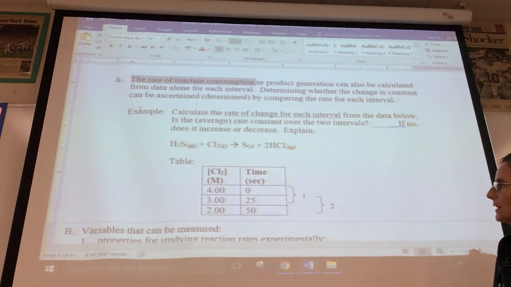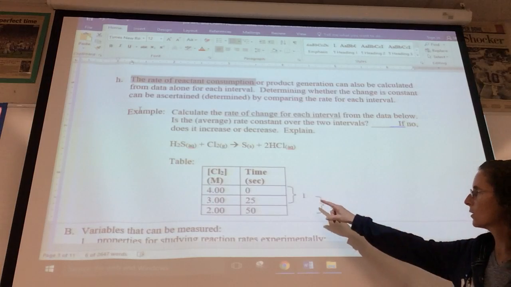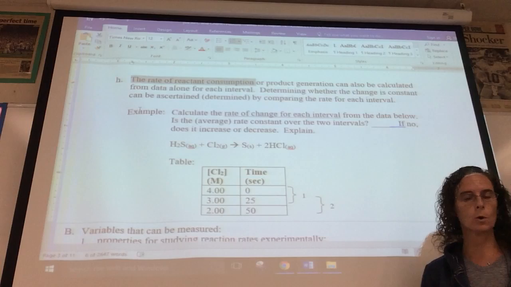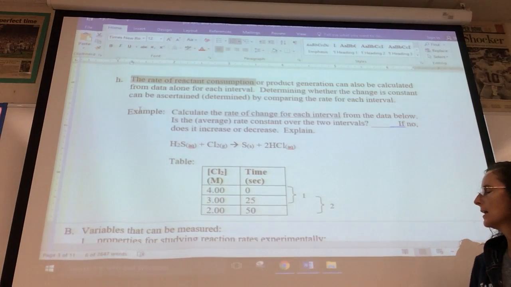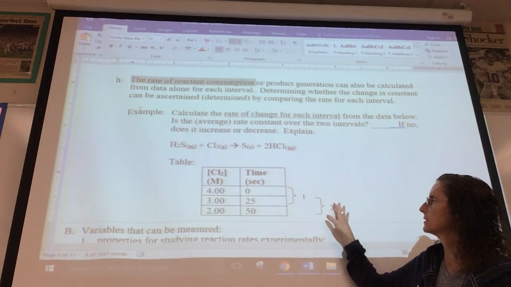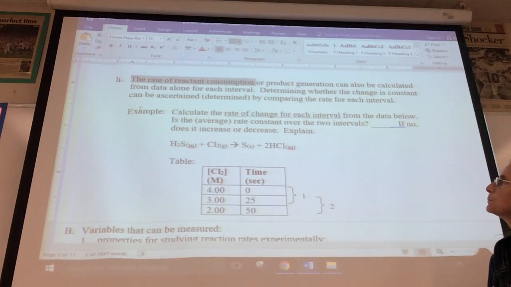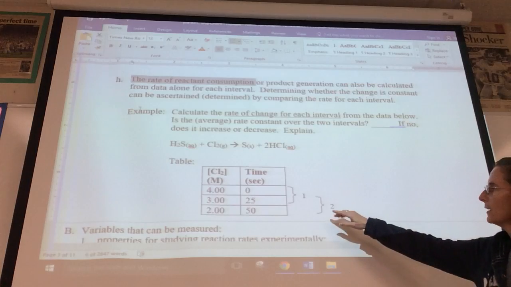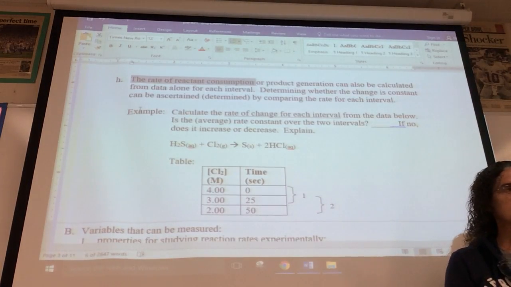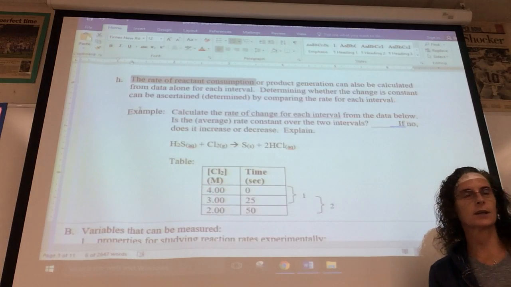In addition to calculating rates for intervals 1 and 2, or you could have even more intervals, which you'll see in your classwork, although on the quiz I kept it very simple like this. You can then compare those rates and see if they're the same, see if they're decreasing, see if they're increasing.